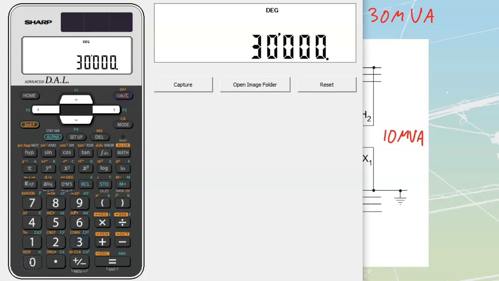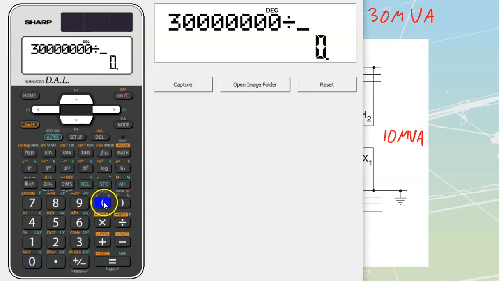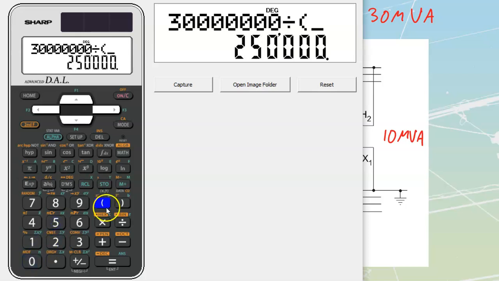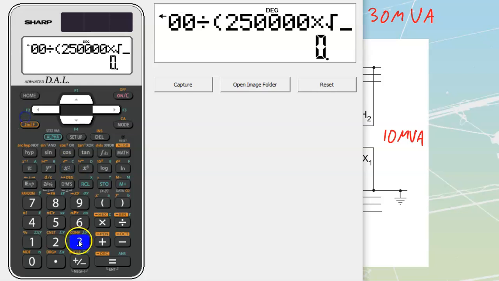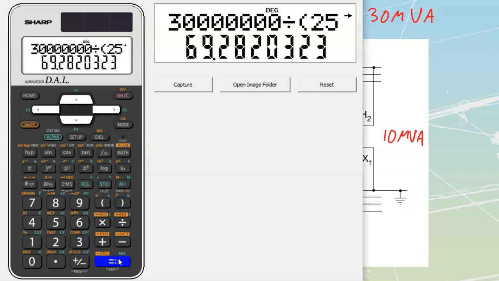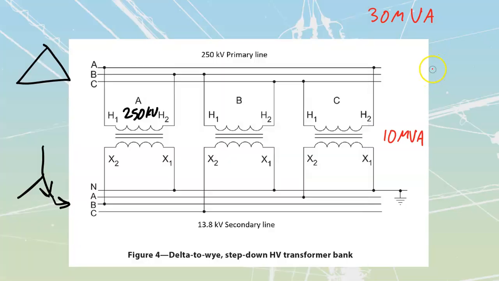30 million divided by brackets, I'm going to put in the high side voltage, 250,000 times root 3, which is going to get me to a total of 69.28 amps. We see that the amps stay the same, 69.28 amps.